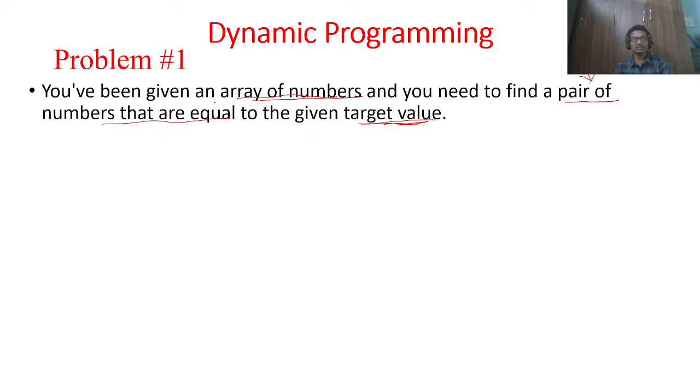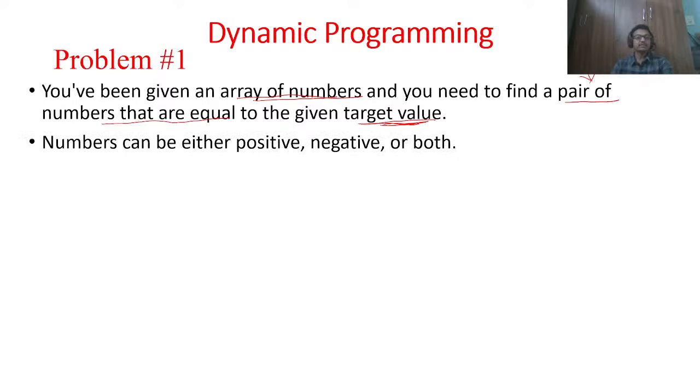One pair of numbers, or a pair of numbers, it can be more than one, which satisfy the given target value. This you need to find out. Got the problem?